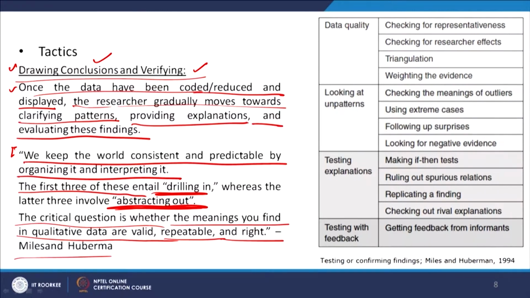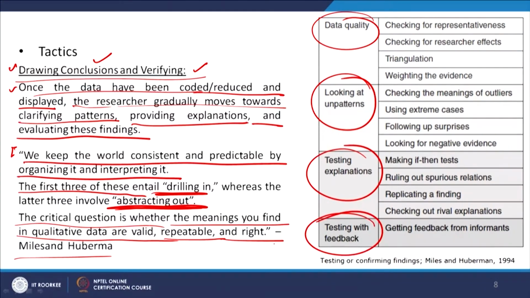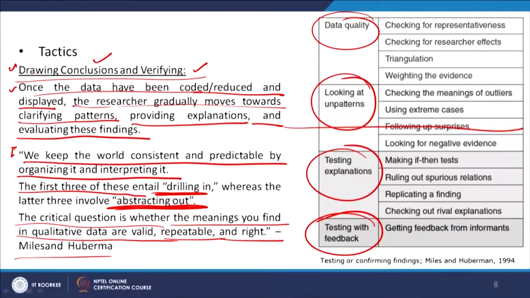Here is how we display that, one example: data quality, looking at the pattern, testing the explanation and testing with feedback. Here we can again go to the users. The more we contact the users, the better it is for the user-centric approach of design. While we see the pattern, after that we can again go back to the users to validate, for the testing of the explanation, whether the pattern we are seeing can be explained by the users again.